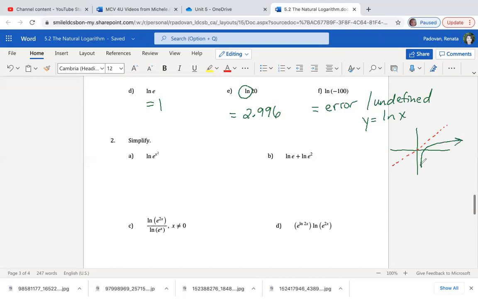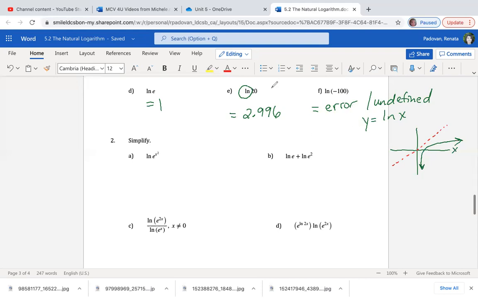So if I look at the ln graph at an x value of -100, that doesn't make sense. It's getting close to a value of 0 for x, but never going negative. So that would make sense why that would be an error there.